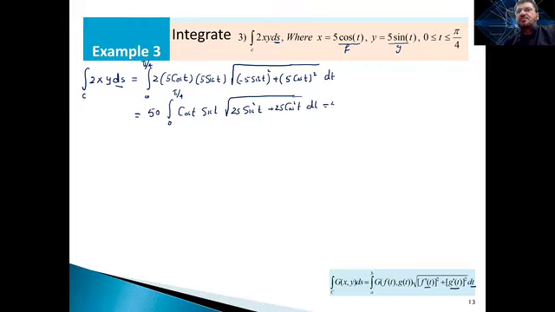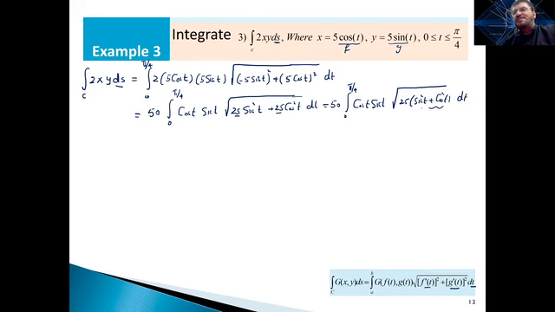And this is equal to 50 integration from 0 to pi over 4 of cosine t sine t square root of, I'm going to factor out 25. So what am I left with? Sine square t plus cosine square t dt.